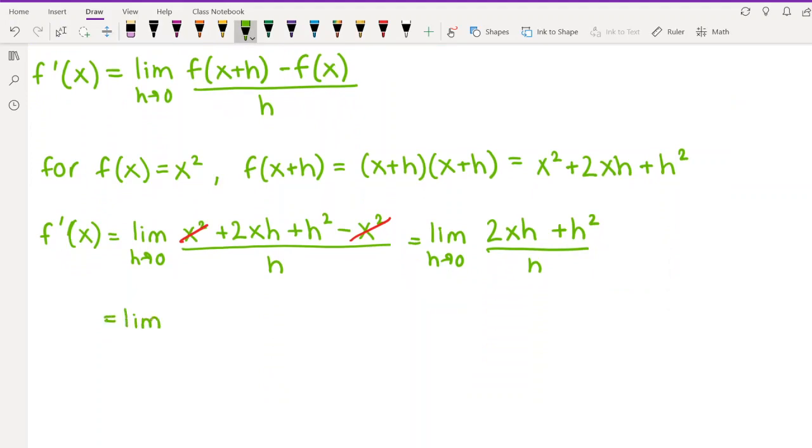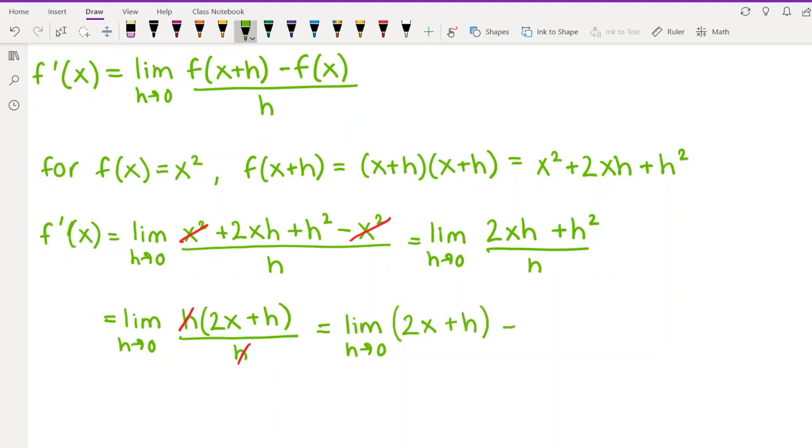So we have the limit as h approaches 0 of h times 2x plus h, all divided by h. And now we can cancel this h. And we're left with the limit as h approaches 0 of 2x plus h. And now we can plug in 0 for h, and we're left with 2x.